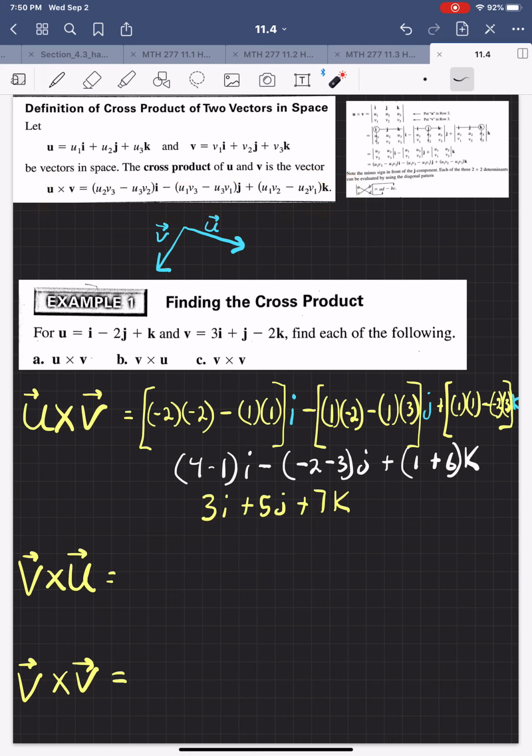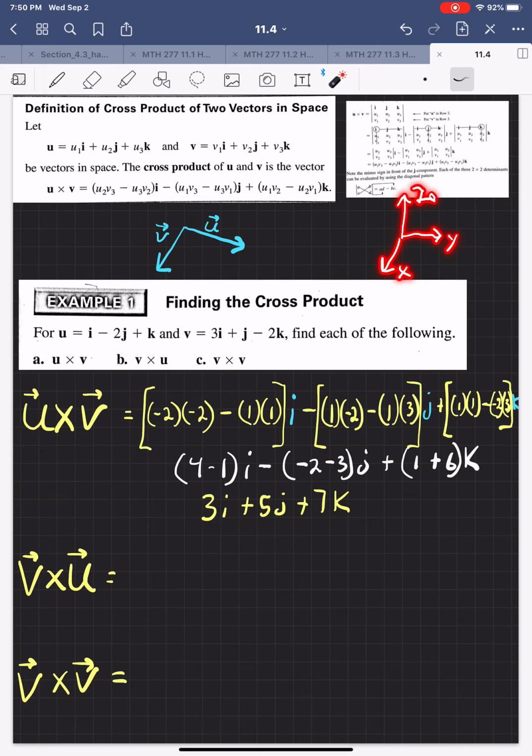So, in other words, without plotting this out, here's what I know. I know that this new vector is perpendicular to v and perpendicular to u, right? Let's go back to our x, y, z axis.